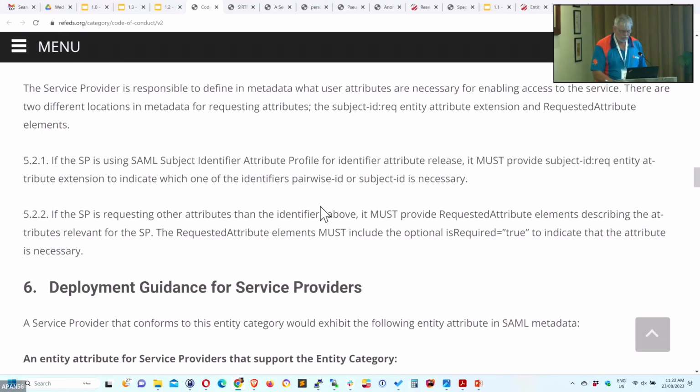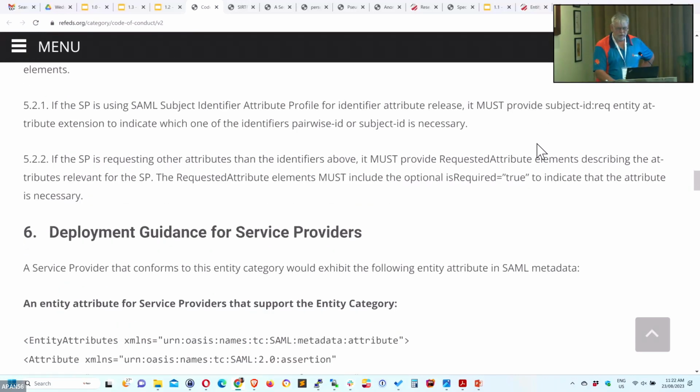Attribute requirements: the service provider is responsible for defining its metadata, including what attributes are necessary for enabling the service or access to the service. So in this case, the metadata has to include information about what attributes are required or optional for the service. If it doesn't do that, then those attributes won't be passed.